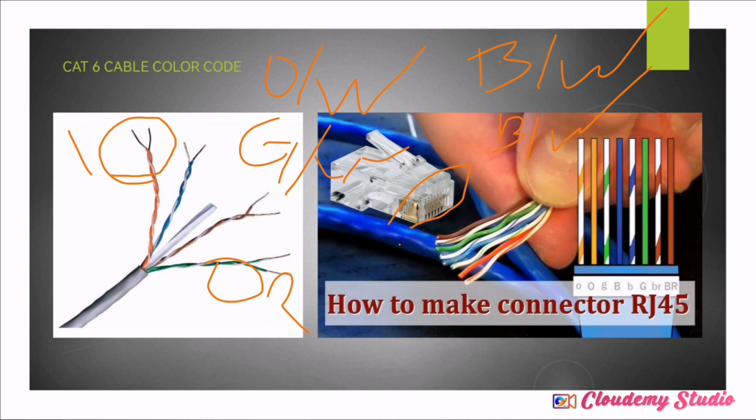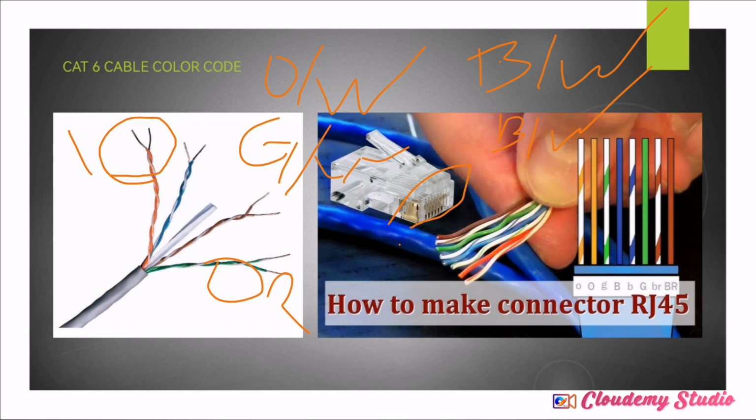Yeah, so it's the same here. As we can see, this is orange white. As you can see, there's some orange and white. That's the reason why we call it orange white, then orange, then green white, blue white, green, then brown white, brown. If you arrange the color code the same as this one, then you are going to insert them into this RJ45 and crimp it using a crimping tool.